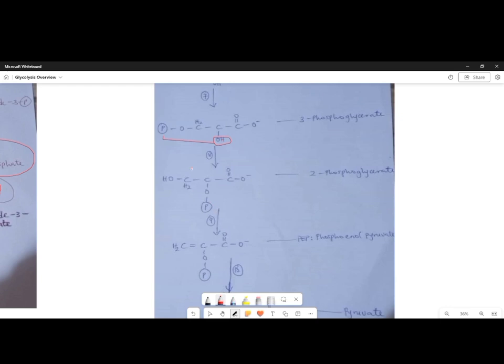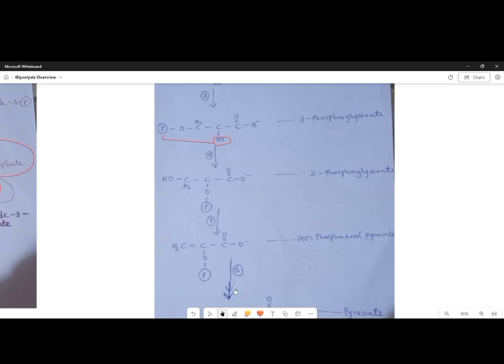So you have that switch from 3-phosphoglycerate to 2-phosphoglycerate. It's just the shifting of the phosphate group from carbon 3 to carbon 2.